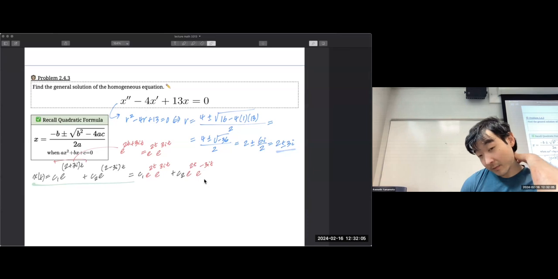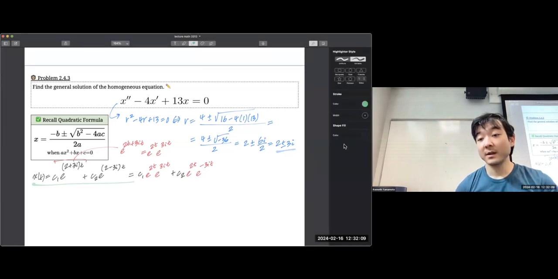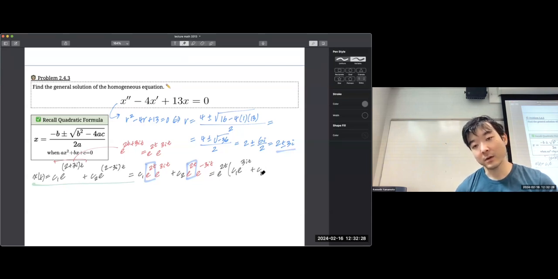The e to the 2t is common between these two, so you can factor that out. So you get e to the 2t times (C1 e to the 3it plus C2 e to the negative 3it).